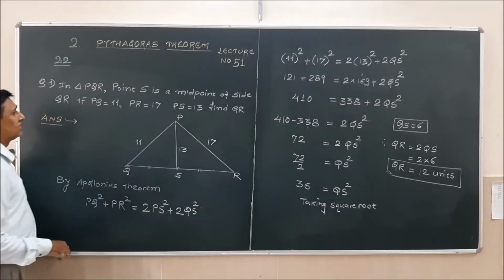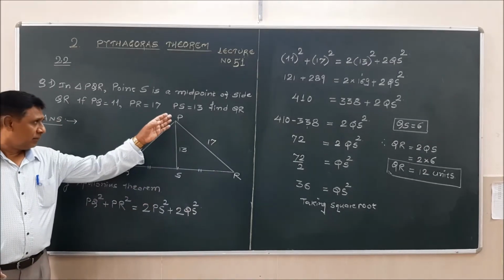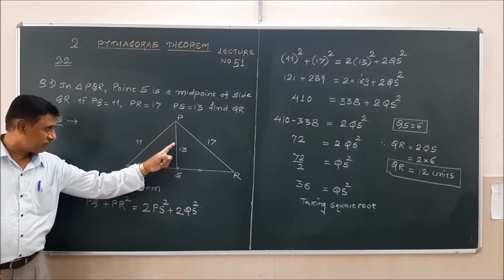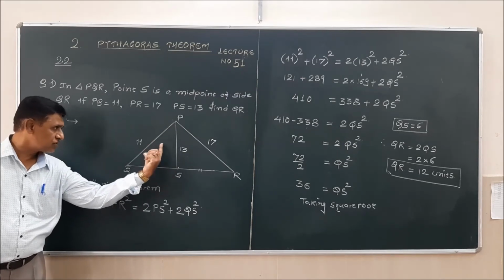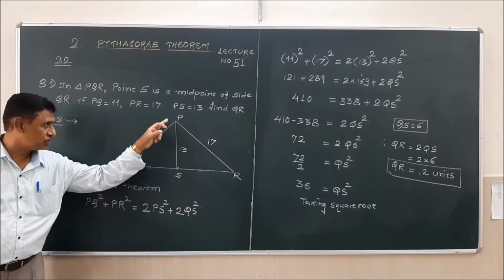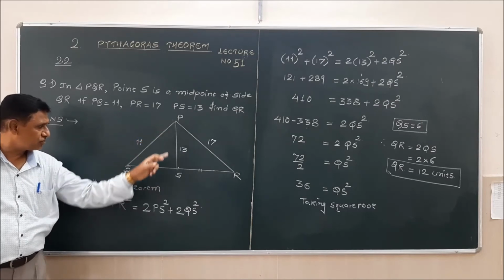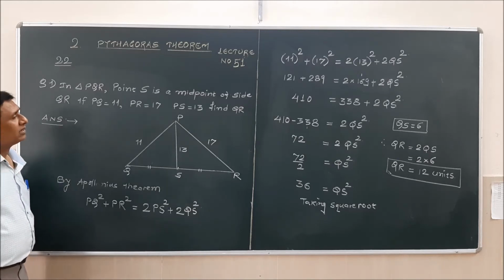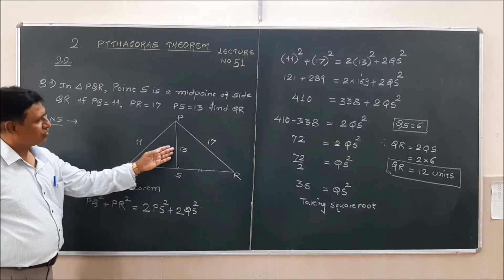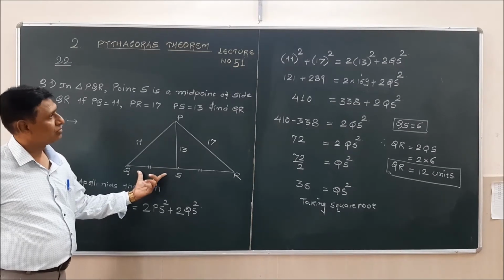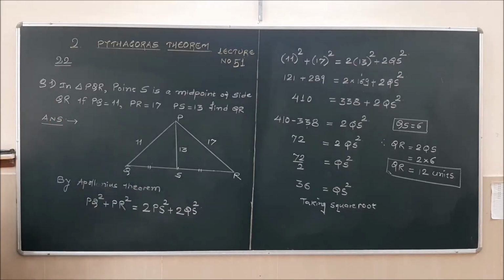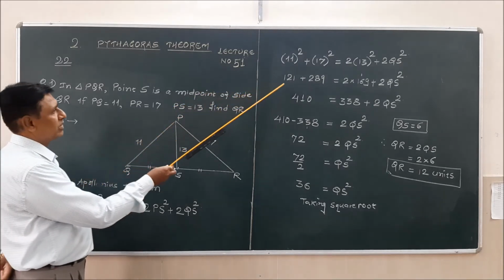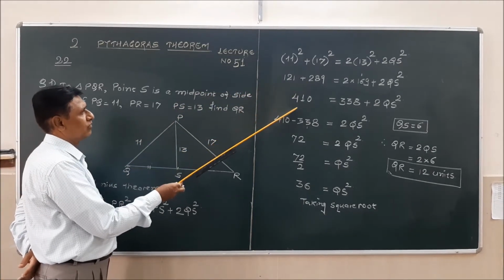So please have a look at this sum. P is a vertex from where the median is drawn. PQ square plus PR square is equal to twice PS square plus twice QS square. 11 square is 121, 17 square is 289. Next we'll find this is equal to twice 13 square plus twice QS square. That will give you further 121 plus 289, so 410.